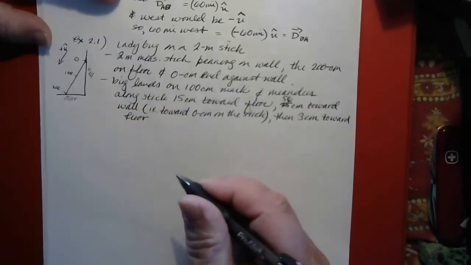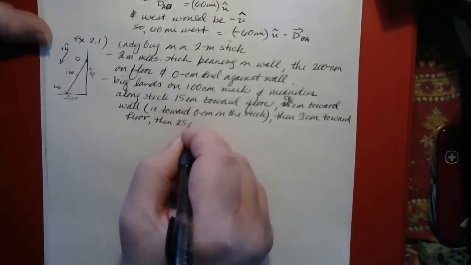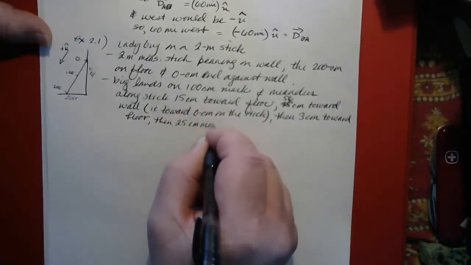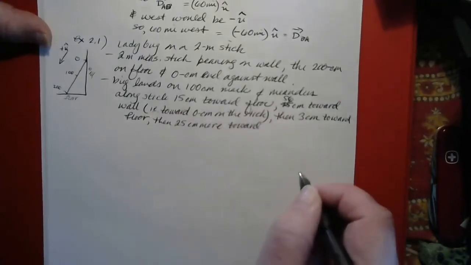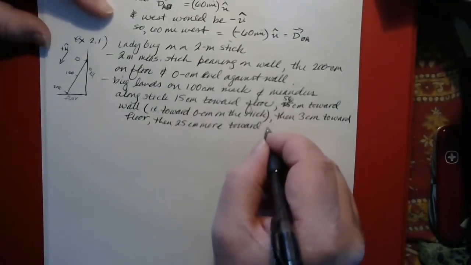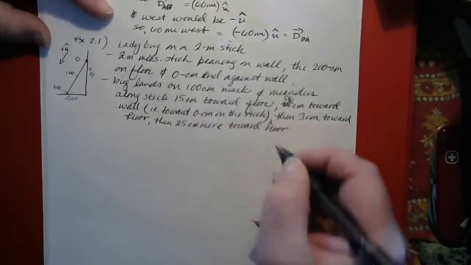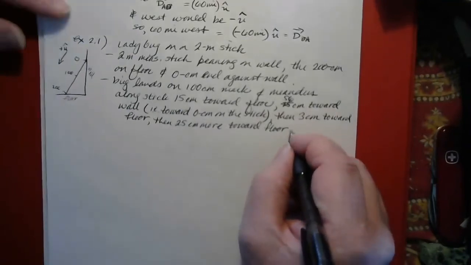This is a really indecisive bug. And by that time, it's all tired out, so it takes a rest. Then it goes 25 centimeters more toward the floor. Then 19 centimeters back towards 0.